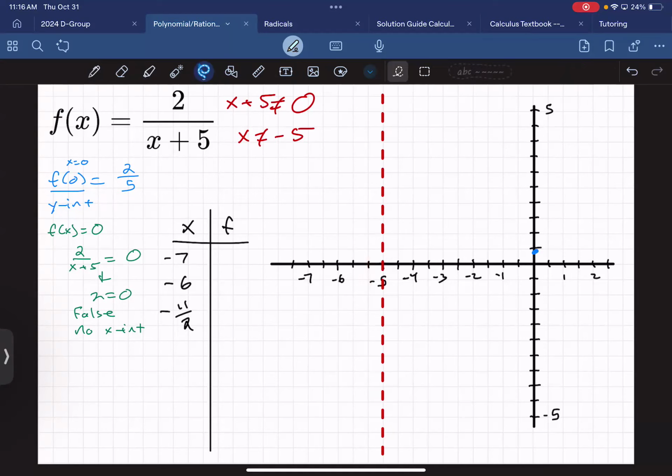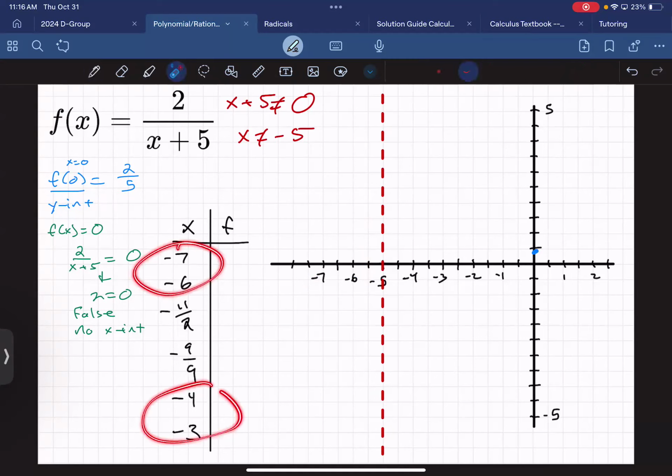Okay. And then on the other side, I'm going to do -4.5, so -9/2, -4, and -3. So these here are kind of like, hey, 2 on the left and 2 on the right of my -5.